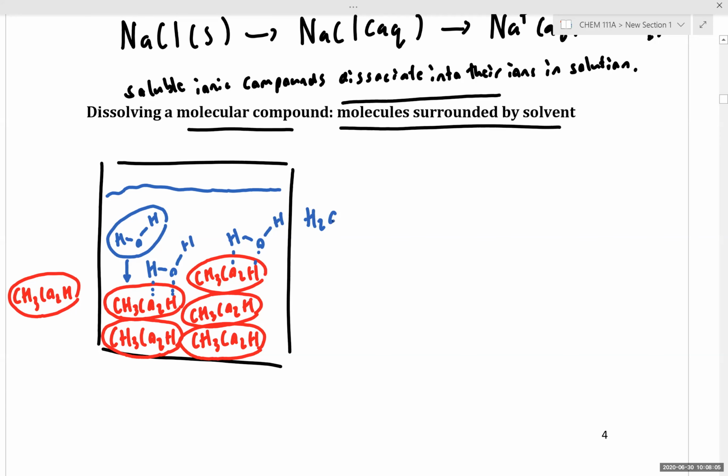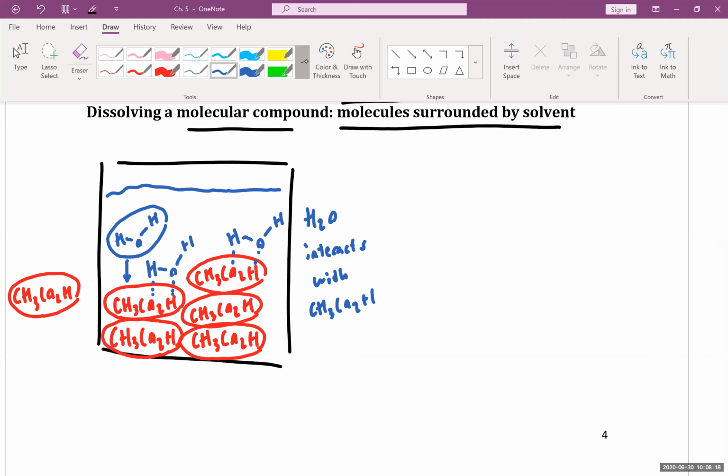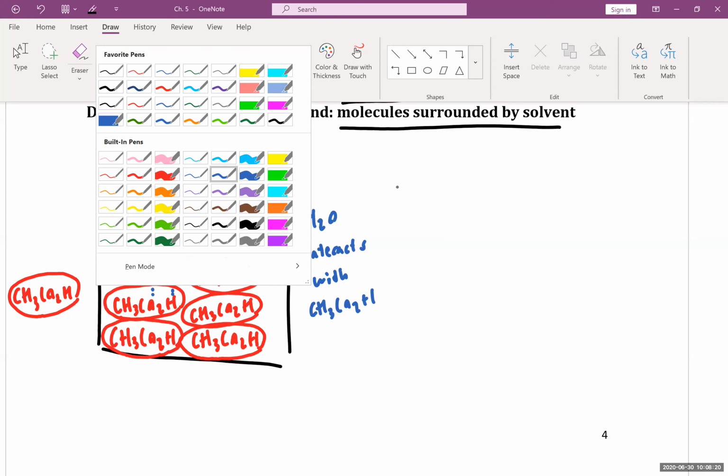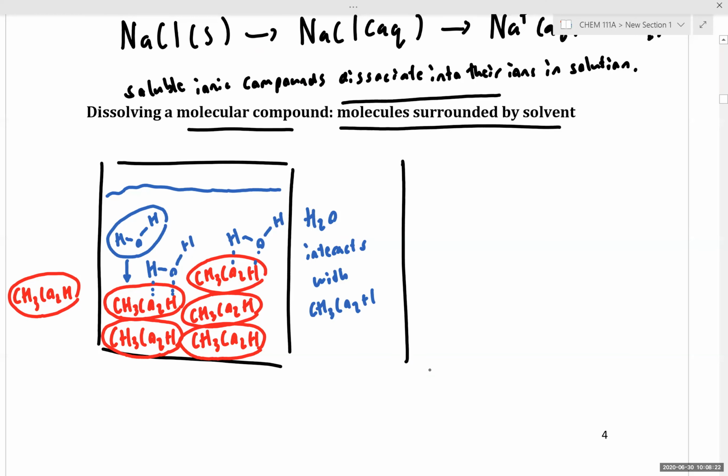So water interacts with your acetic acid. And just like in our ionic compound, these water molecules are going to begin to pull your solute into solution and then surround your solute with water molecules.